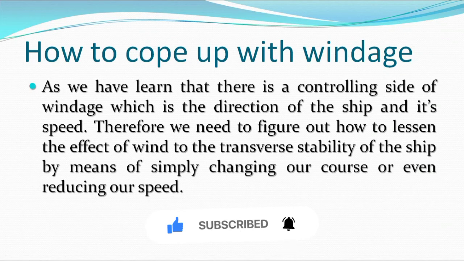This is the way to counter it. First, we change our course to a direction in which the wind doesn't have much effect, like on the bow or on the stern part of the ship.